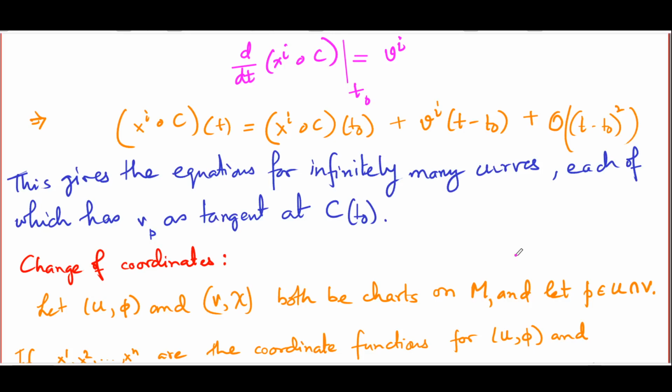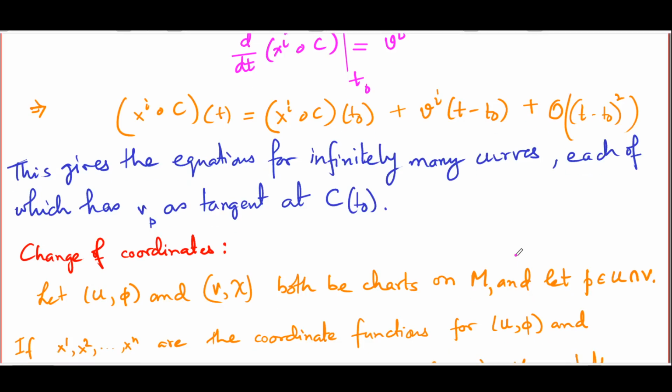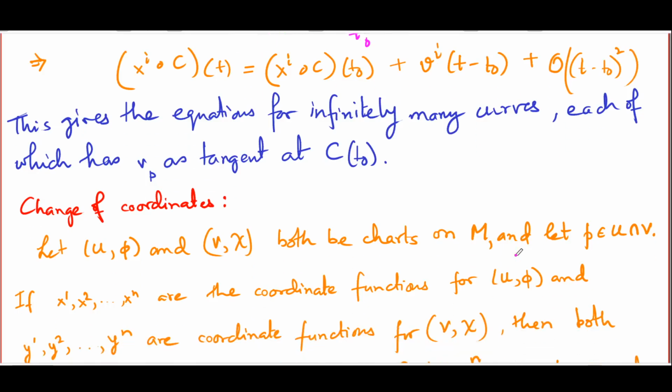Let U phi and V chi both be charts on M, and let the point P belong to the intersection of U and V, so that at the point P, we are free to use either the coordinates provided by phi, which are the coordinates x1, x2 up to xn, or the coordinates provided by chi, y1, y2 up to yn. So these are two different sets of coordinate functions, one for each chart.